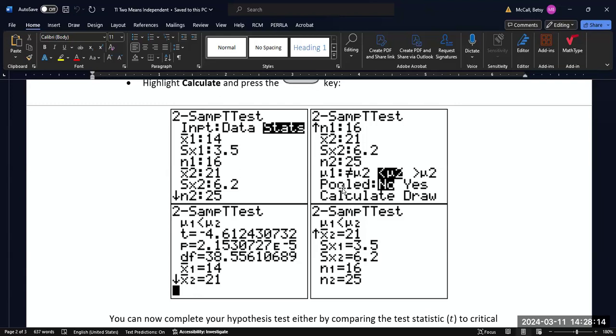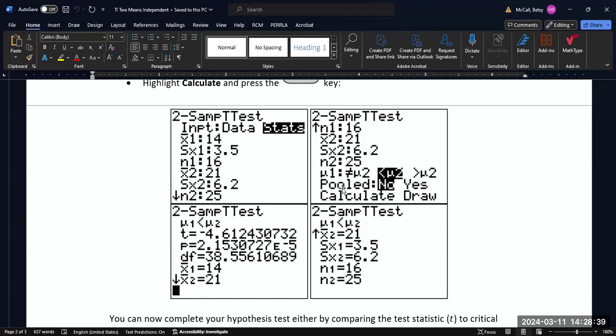Now, it used to be very common to do a pooled test, which is going to assume that the standard deviations of the 2 groups are approximately equal. And then there's the unpooled test, which allows for the possibility that the standard deviations are different. It is generally safer to pick the unpooled. So pooled equals no, because that makes fewer assumptions about the data.